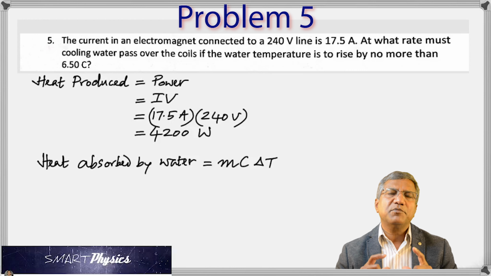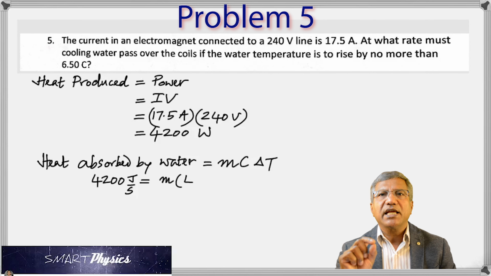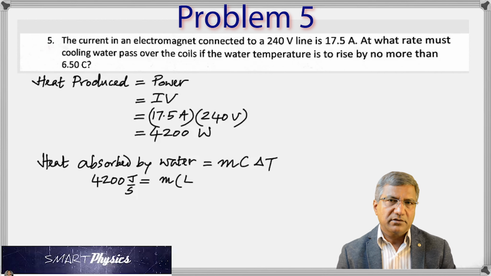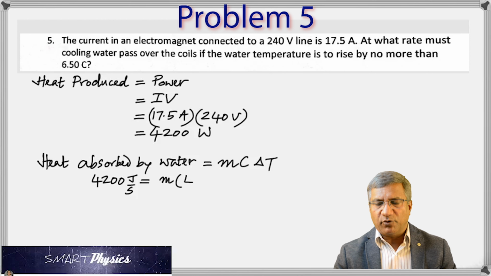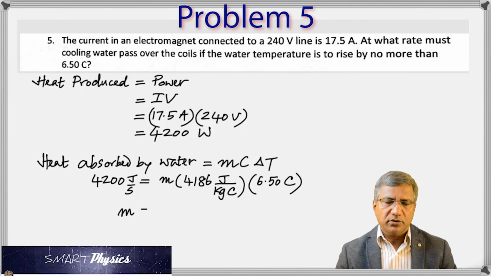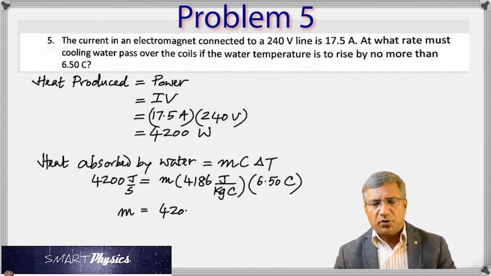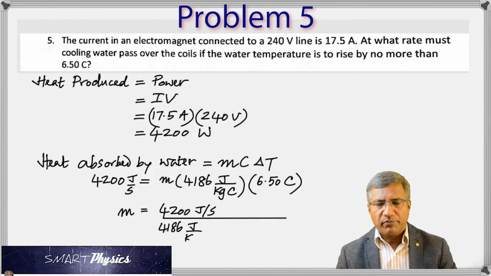And then the heat absorbed by water is m c delta T, where c is the specific heat capacity of water. Water has a high specific heat capacity, actually 4,186 joules per kilogram Celsius, and then the change in temperature is 6.50. So when we do the math, we get the mass of water that has to be passed per second.